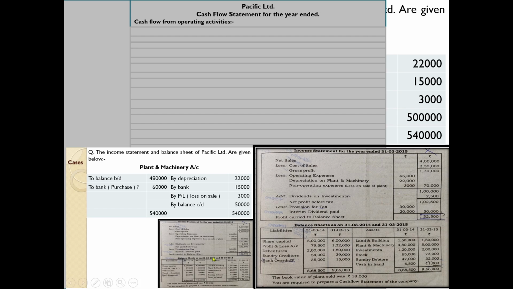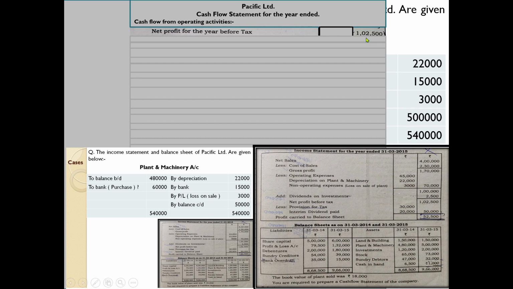You can either take the difference between these two amounts, or you can take this 52,500 from this statement, or you can take this 1,02,500, anything according to your discretion. If you take the total of these two, you will get the same 52,500 amount. So that's not an issue. So whether you have to begin with 52,500 or 1,02,500, let's see.